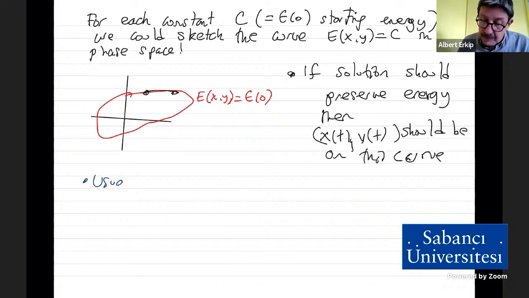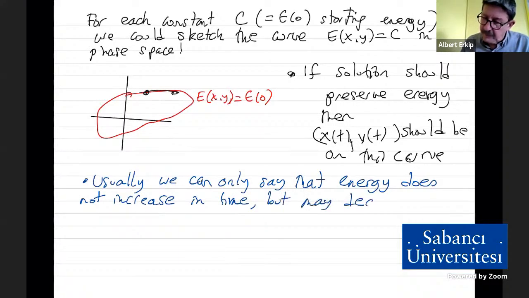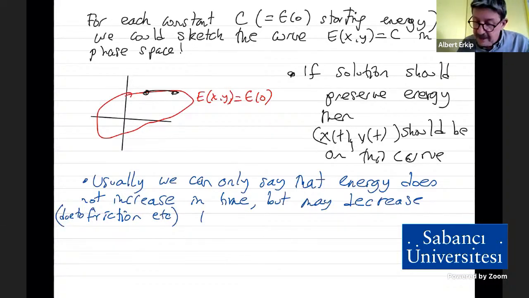Usually, we can only say that energy does not increase in time but may decrease, as say with friction, etc. Due to friction, etc. Energy may decrease, then E of x of t, y of t will not be E0, but will be less than E0.